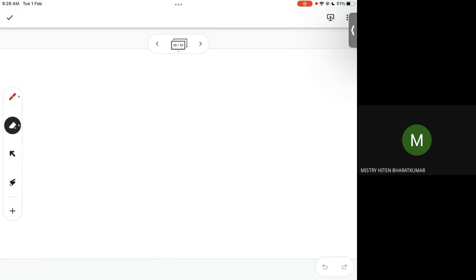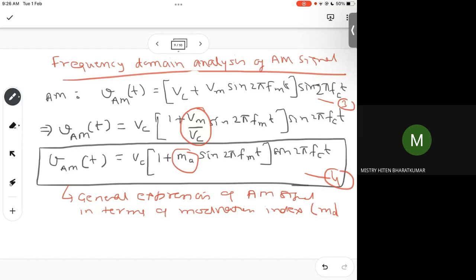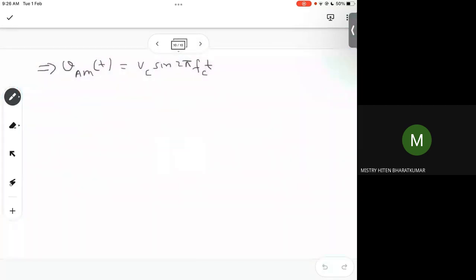Further solving this, it gives me something like this for VAM(t), very simple things I am writing for you. It gives me Vc sin 2πfct. That is the first term we got. If you see this expression, the first term becomes Vc sin 2πfct. And the second term becomes ma Vc sin 2πfmt sin 2πfct.